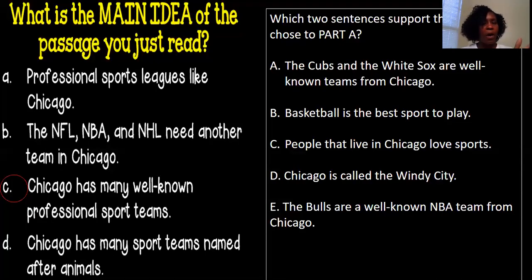So let's check back to our part A. Chicago has many well-known professional sports teams. And E talks about how the Bulls are a well-known NBA team from Chicago. So that helps to explain or prove that our main idea is true. That helps to support it. So our answer choices for part B, I think we both can agree, should be A and E.